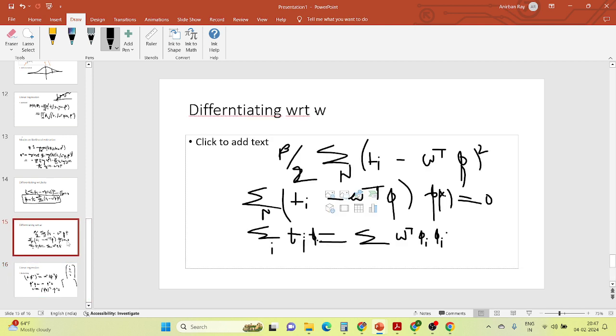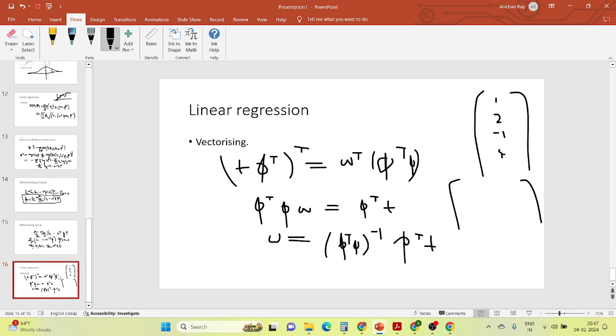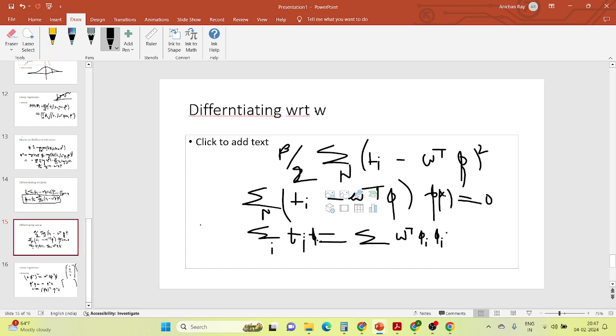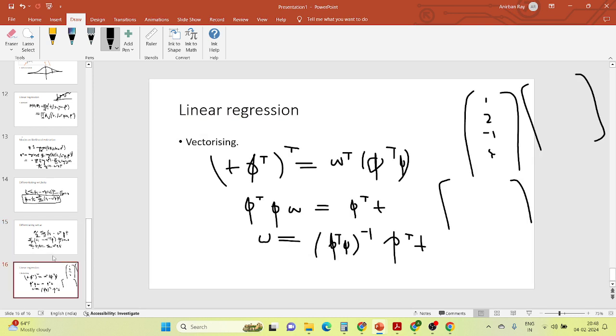I need to multiply this vector t with a matrix such that for each value of t I should get this expression.